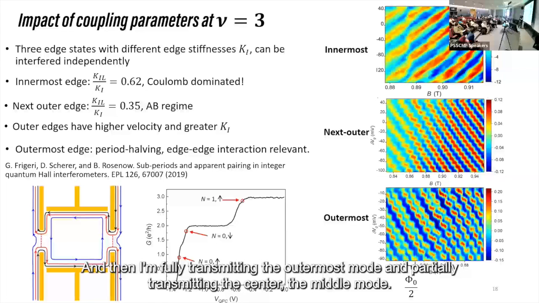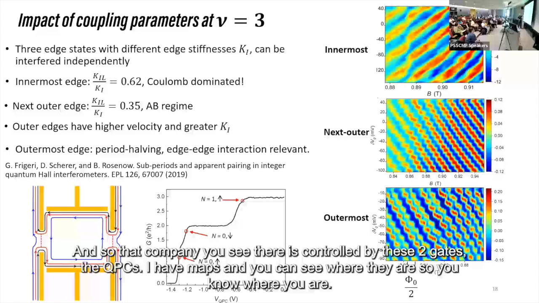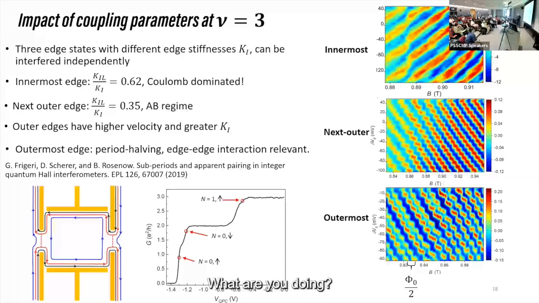And then I'm fully transmitting the outermost mode and partially transmitting the middle mode. And so that coupling you see there is controlled by these two gates, the QPCs. And I have maps, and you can see where they are, so you know where you are, what you're doing.